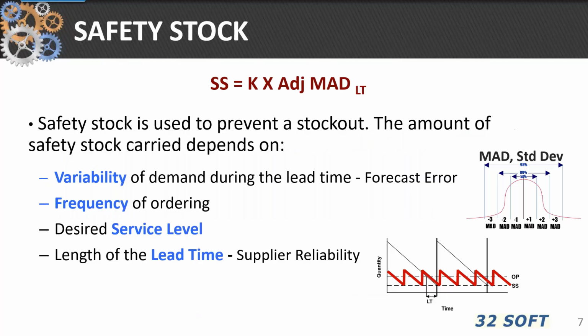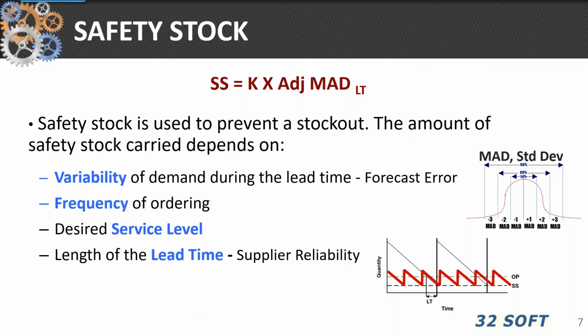As we said, safety stock is that extra level of inventory, and the calculation of safety stock is based upon several factors, including variability, which we'll talk about. There are two types of variability, biased and random. Safety stock helps us guard against that random kind of variability.